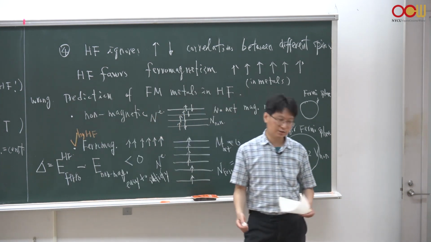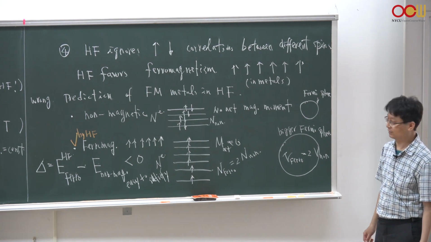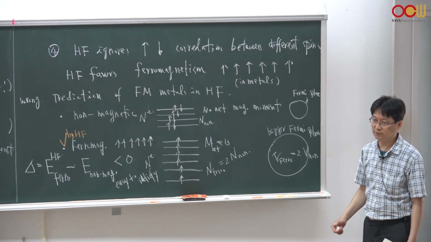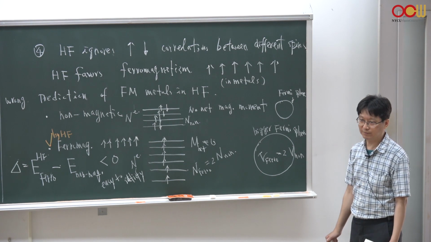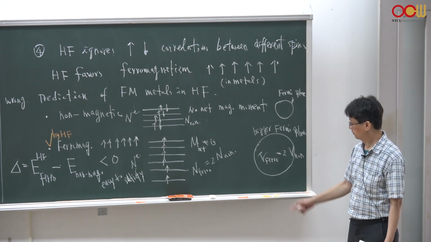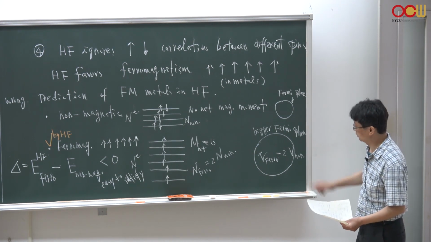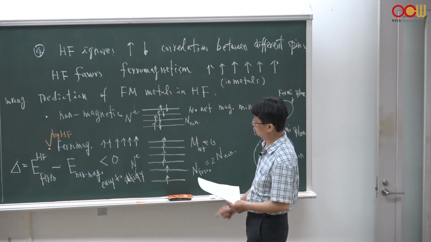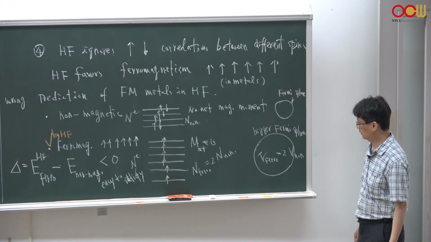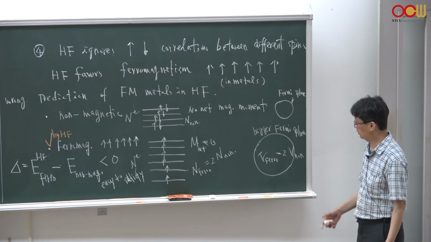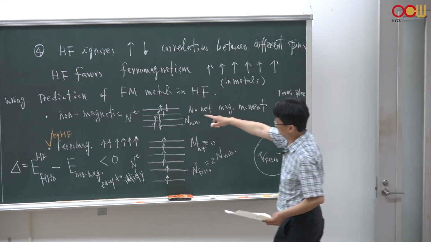But you know that there are not so many ferromagnetic metals in real life. But the Hartree-Fock theory incorrectly predicts that there are so many ferromagnetic metals that are favored by Hartree-Fock, which of course is not correct. So this is another failure of the Hartree-Fock, which incorrectly predicts these ferromagnetic metals. But in reality, there are not so many cases of ferromagnetic metals, but most likely they are non-magnetic.